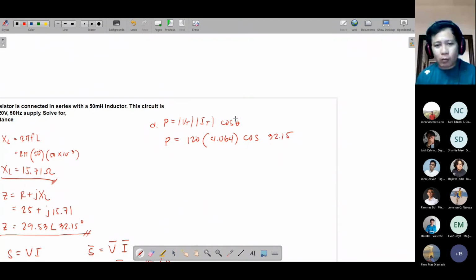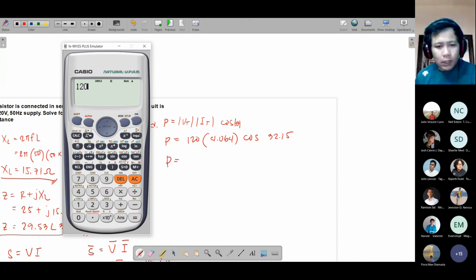Again, this is always the absolute value. Therefore, your true power P is 120 times 4.064 times cosine of 32.15. By the way, it's in degree mode.